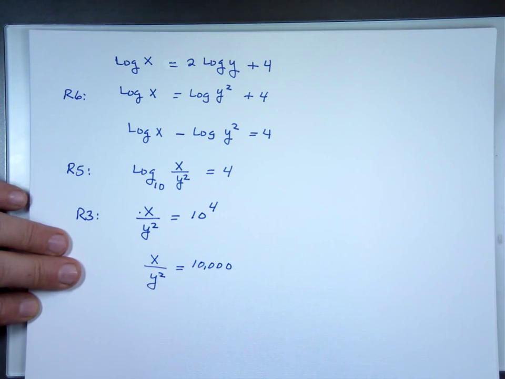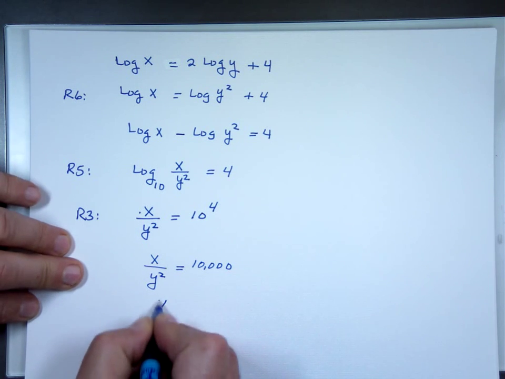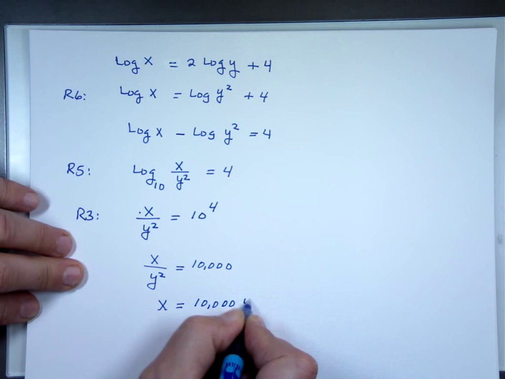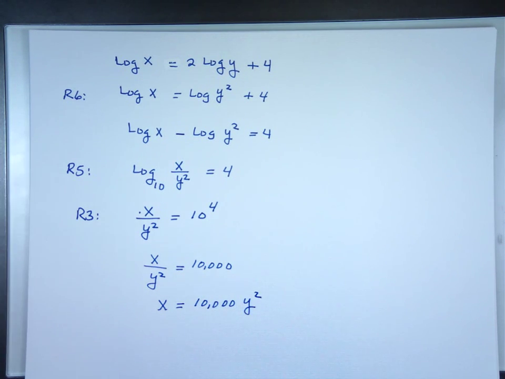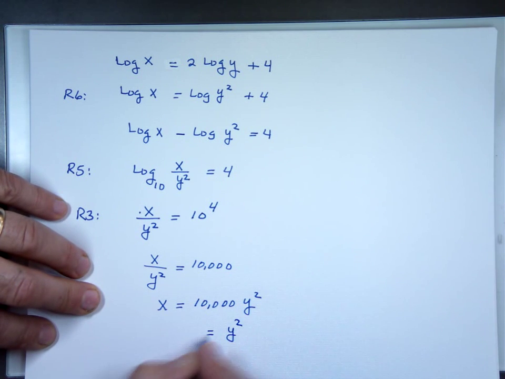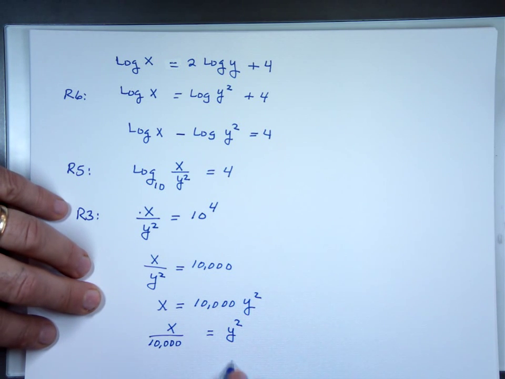Multiply both sides by y squared. I made this problem. I like it. What's y squared? x over what? 10,000. And how do you get y? Square root, you mean?